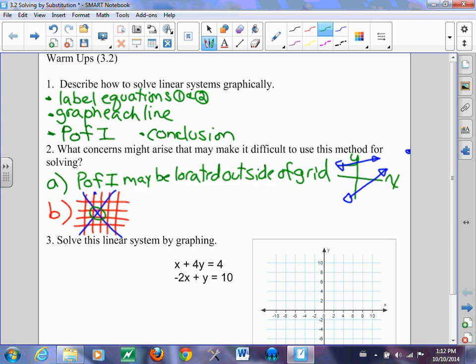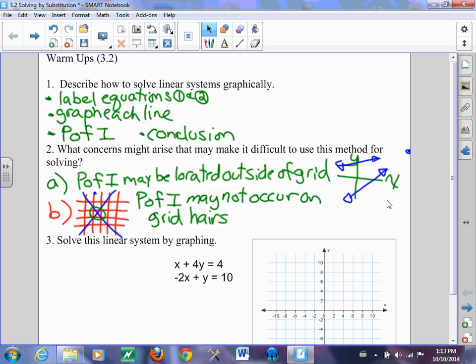Okay, so P of I may not occur on grid hairs. And that's what makes that frustrating as well. Okay? All right. Any questions with that, folks?